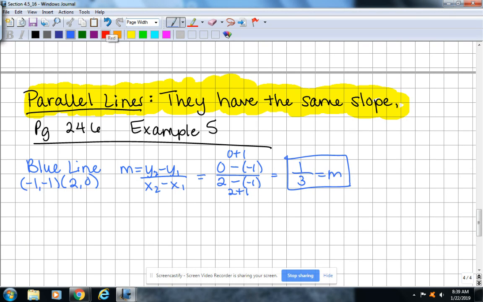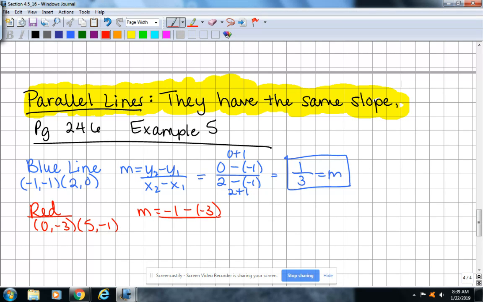So the next line down is the red line. I'll do it in red. What are the ordered pairs on the points on the red line that they marked? And (5, -1). So I'm going to use the same formula. What's my y2? Minus what is y1? Mark the signs, use parentheses.